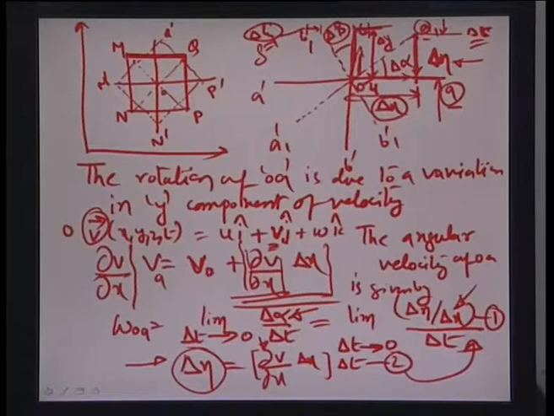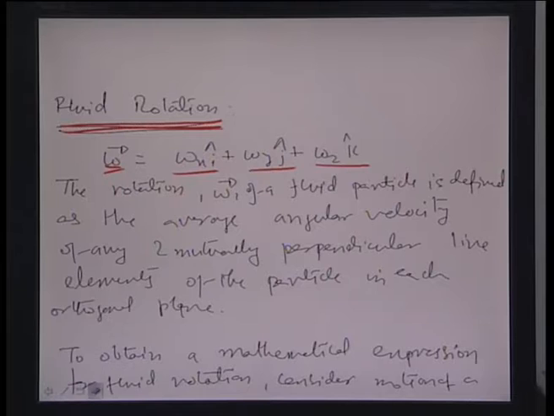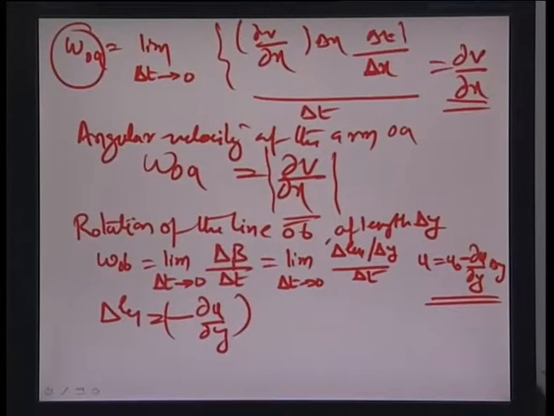So, the value here would be u minus del u by del y times del y. Okay. So, this is opposite to the direction of the positive u that you have taken. So, now we are left with delta zeta equal to minus del u by del y times delta y times delta t, right. The amount of distance that B takes to move to B prime or B1.